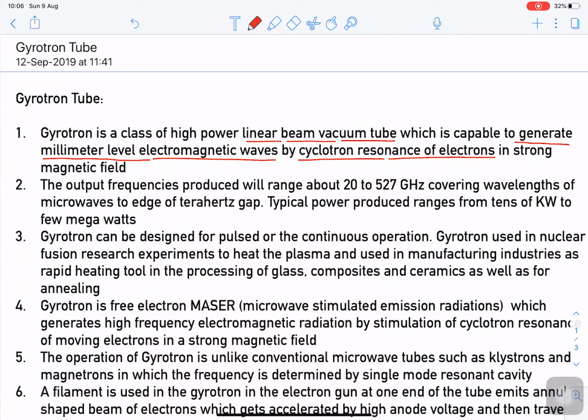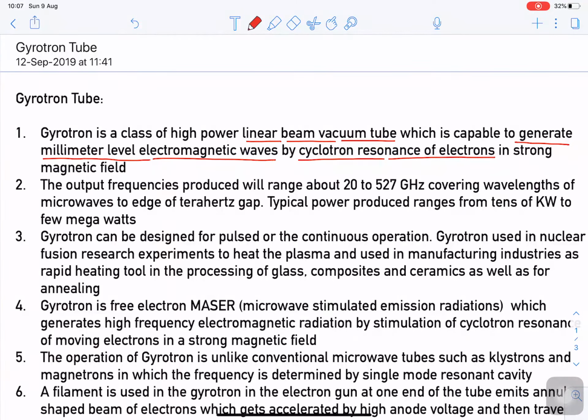In all earlier conventional tubes and hybrid tubes, we saw that their construction and working principle is based on the velocity modulation effect of the electrons, right? Here, in this last special type of tube, the working principle is not based on velocity modulation, but rather a different process, which we call cyclotron resonance of the electron.